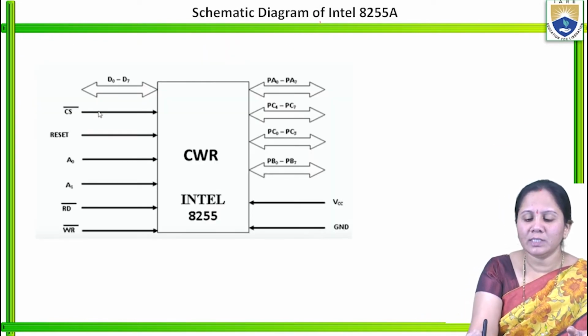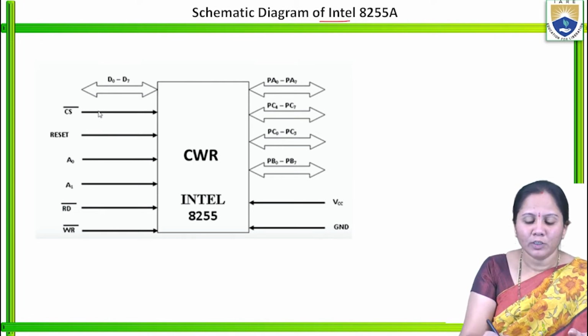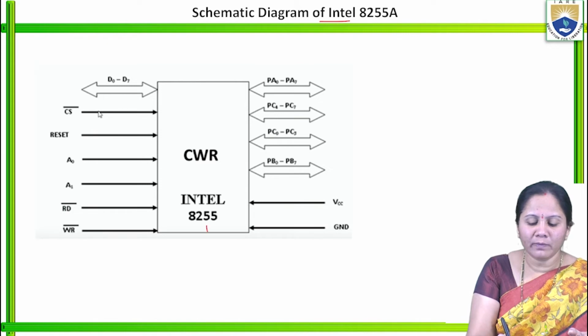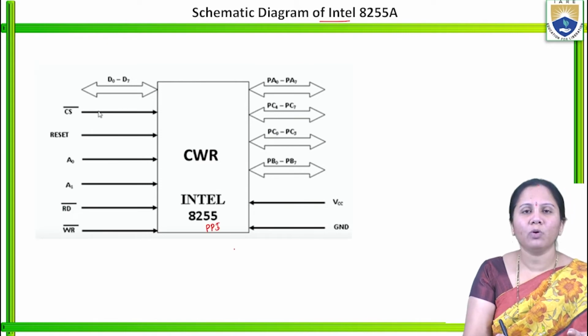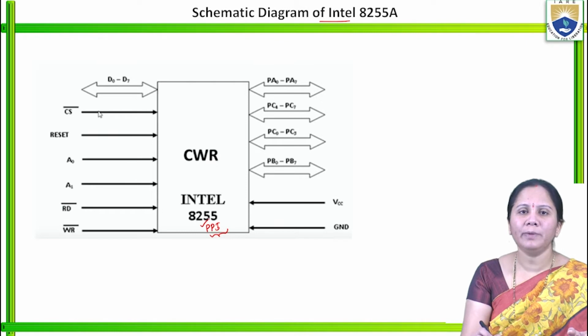This is the schematic diagram of the Intel 8255 IC. This 8255 is called PPI, Programmable Peripheral Interface. That means it is used to interface peripheral devices, and it is a programmable IC. How is the IC programmed according to the given conditions?